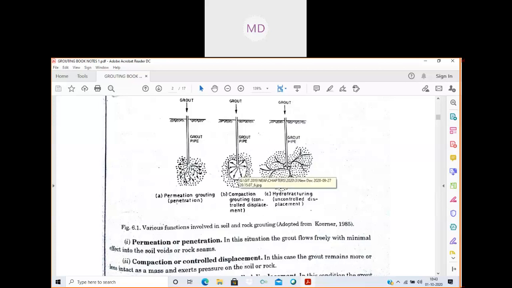and then this mass gives pressure to the surrounding soil.